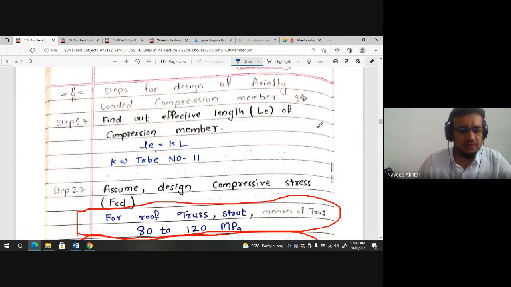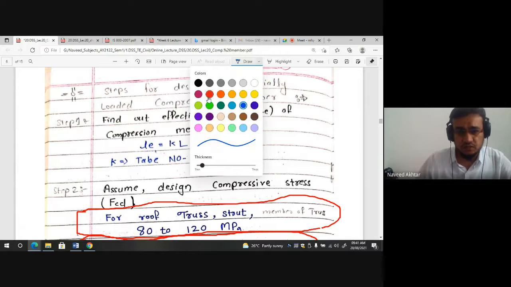Compression member generally means a column, or a member of a truss or a member of bracings. So these are the steps; one by one we will go and note them down in your notebook.